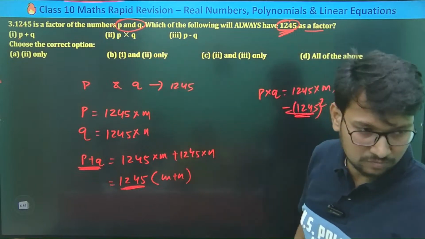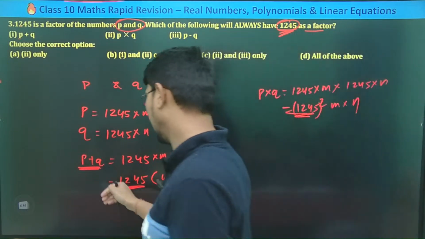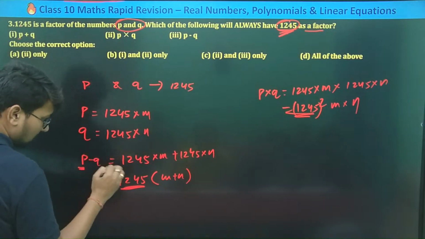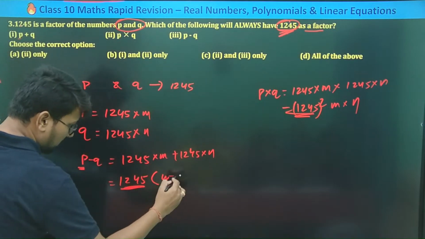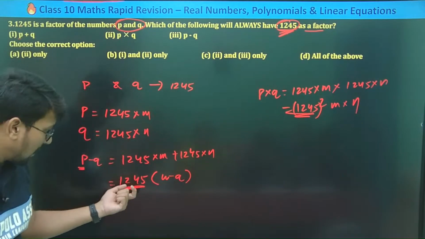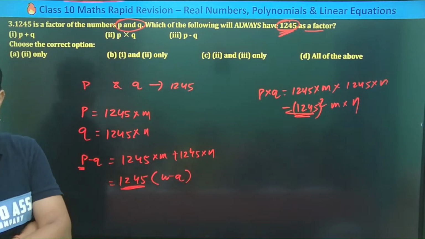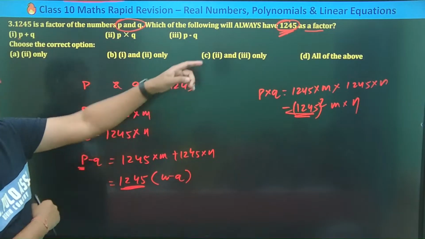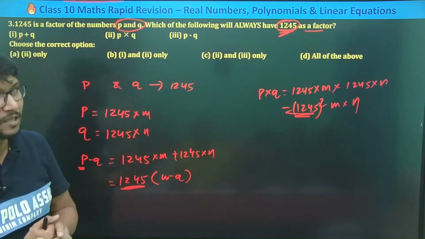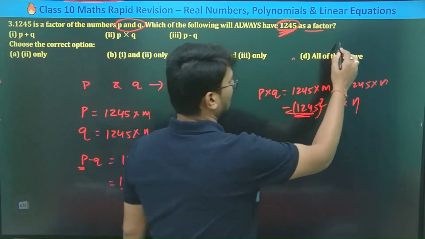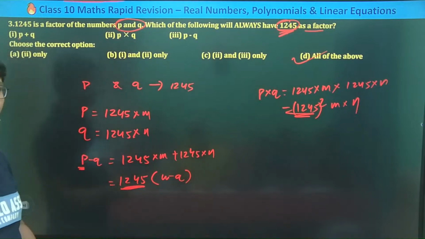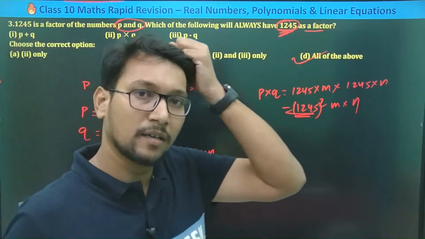P minus Q. If I am writing P plus Q here, tell me P minus Q is how much? It is 1, 2, 4, 5 into M minus N. In each case, 1, 2, 4, 5 is common or not? Therefore 1245 is a factor of each case. So which one is the correct answer? Clear? Everyone tell me.